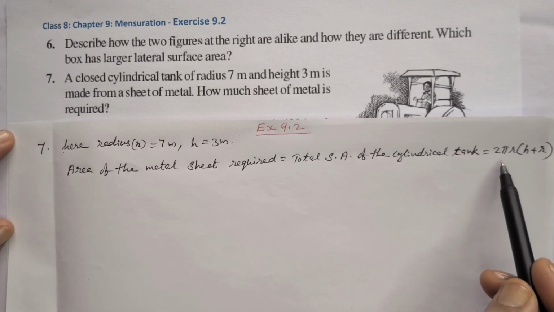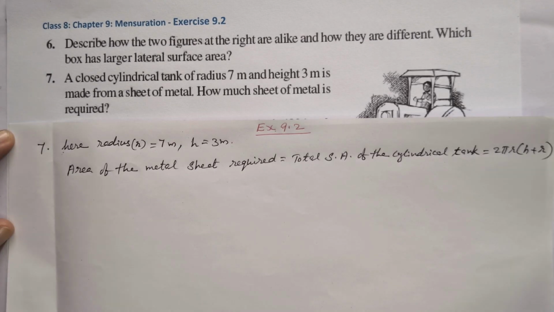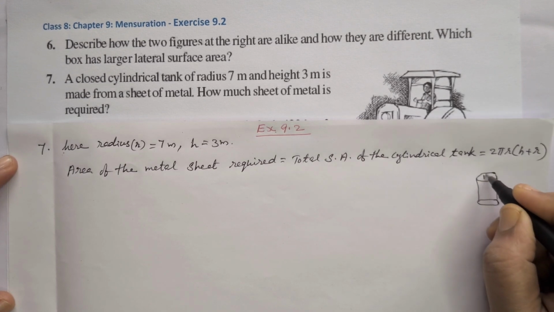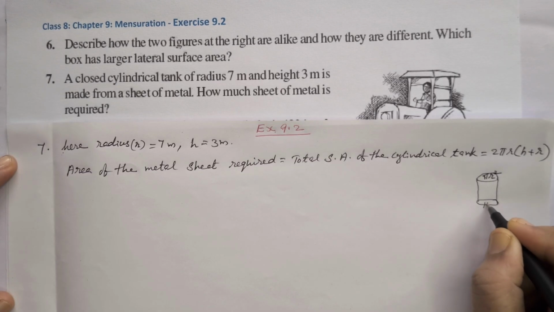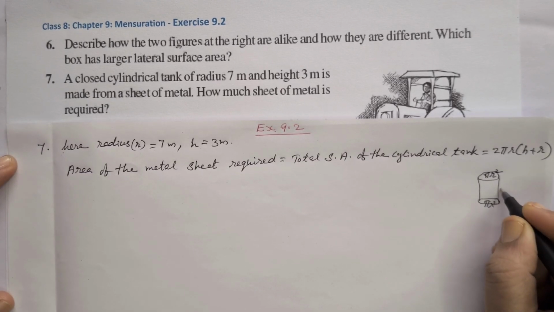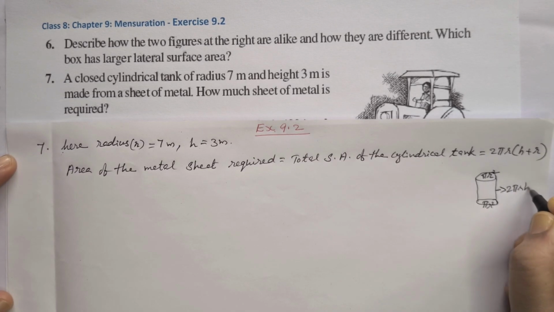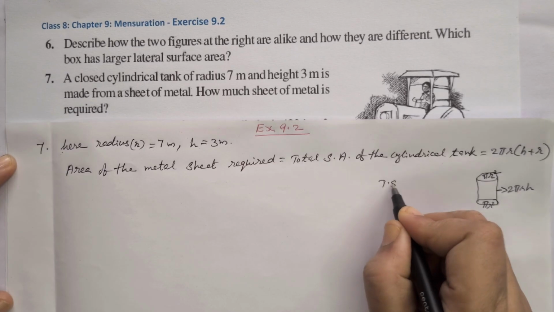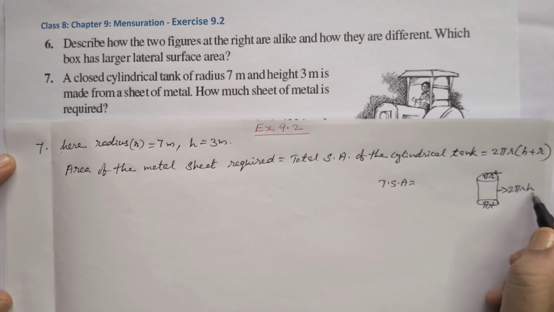Total surface area of a cylinder is equal to 2 pi r into h plus r. If you take the cylindrical shape here, the area of the top is pi r square, the area of the bottom also pi r square, and the area of the curved surface is 2 pi r h. So when adding the total surface area, that means 2 times pi r square and this 2 pi r h.